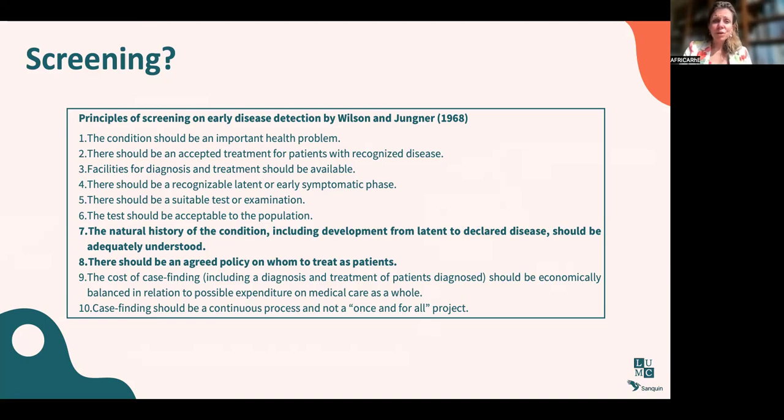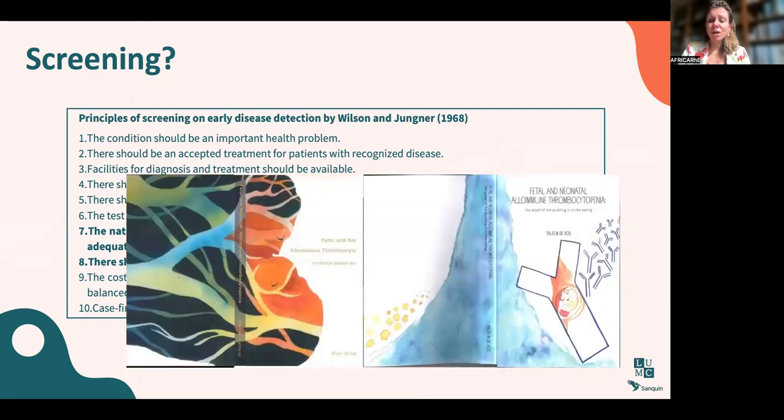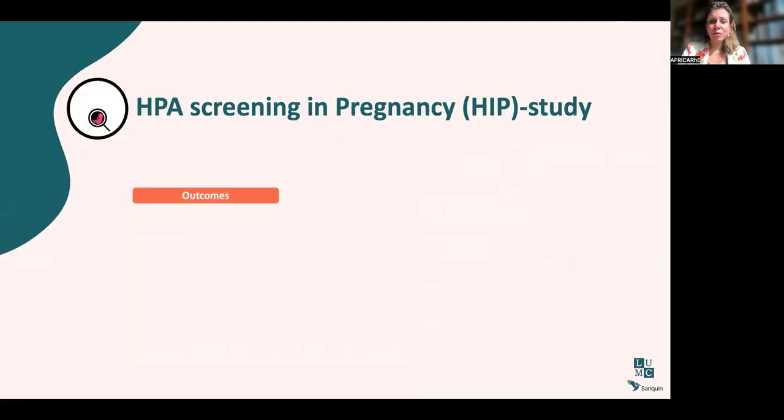We followed the Wilson and Jungner criteria, and we found that there might be an opening or a reason to start screening, and it might also be cost effective. So Jan Winkelhorst and Thijs de Vos both worked on these questions during their PhDs and performed a very large study, the HIP study.